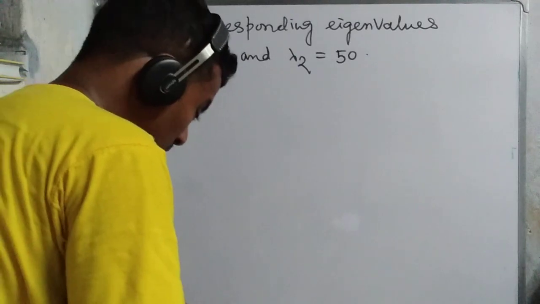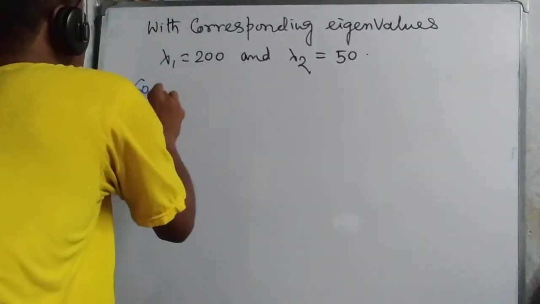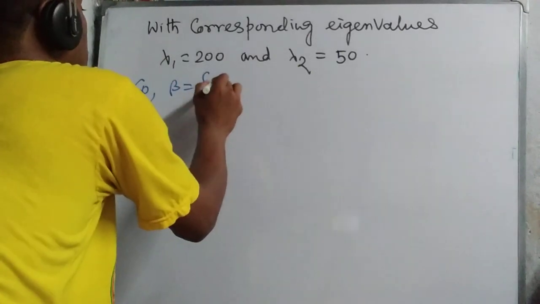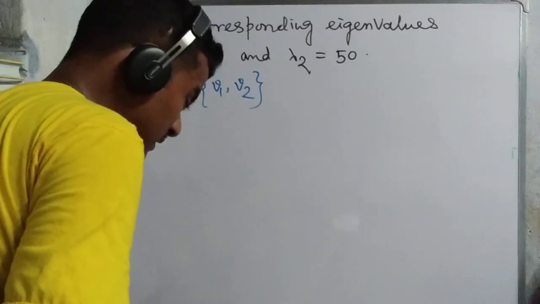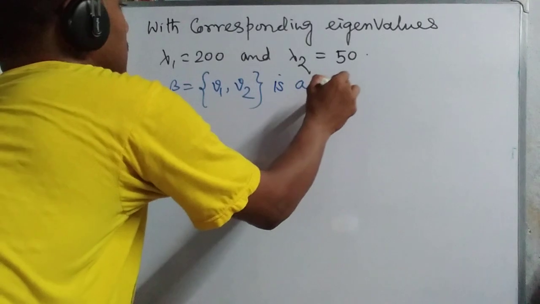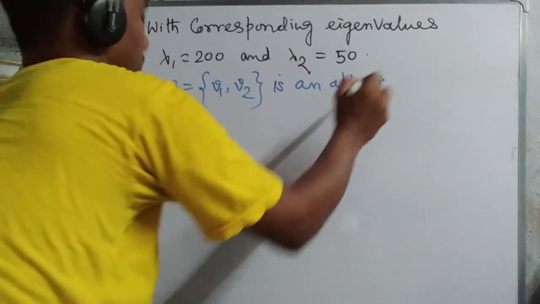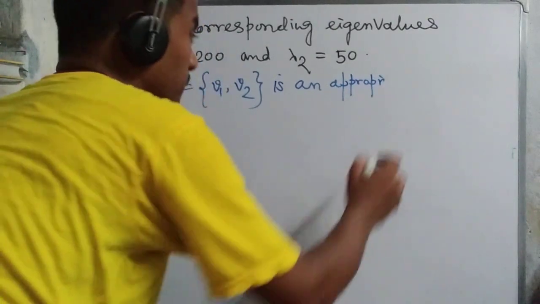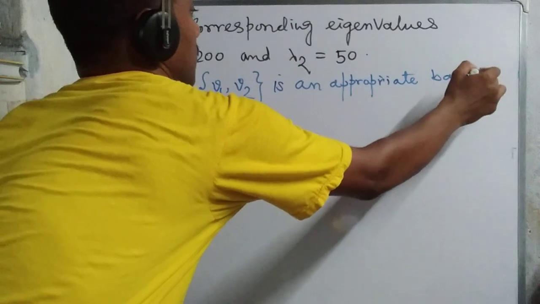So beta equal to v1, v2 is an appropriate basis.